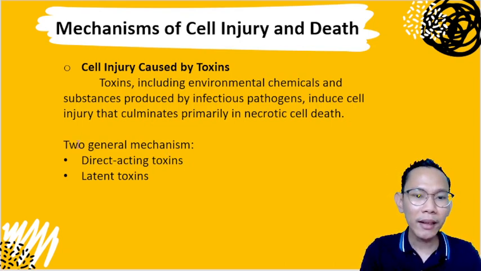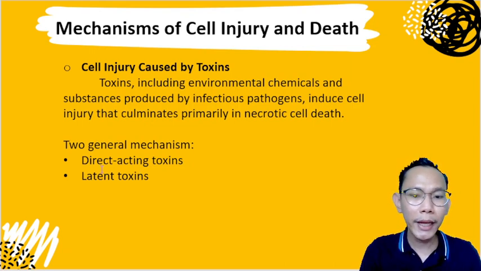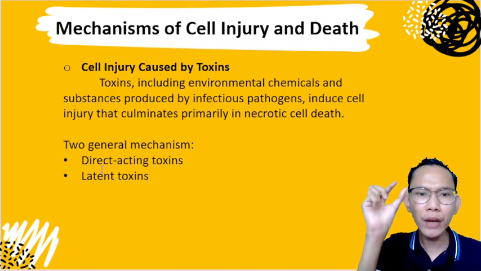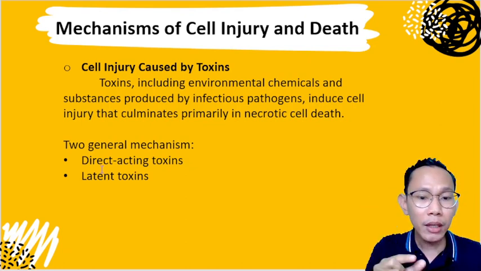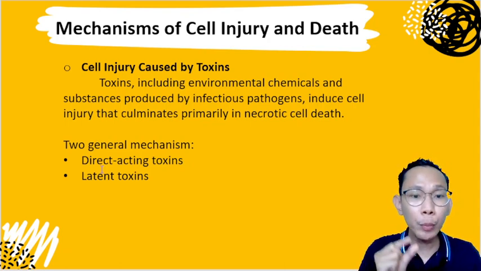Pag sinabi nating latent toxins, they are not intrinsically active. So, hindi pa siya active but must be converted to reactive metabolites which then act on the target cell. So, in short, if you have this toxin, it has to be converted first by a certain organ inside our body for it to become toxic.